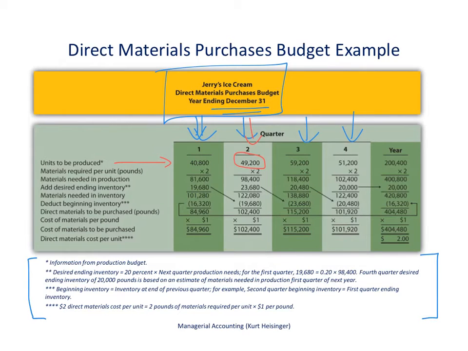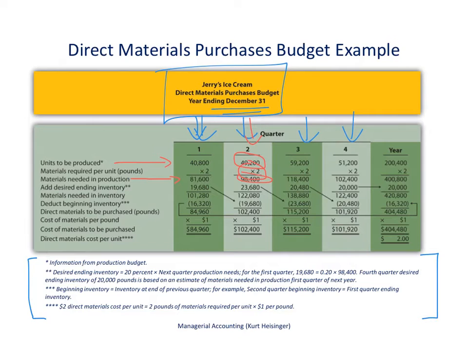We've also determined in a separate video that the materials required per unit will be 2 pounds. So if you take 2 pounds times the 49,200 units, you're going to get 98,400 pounds. So once you get to this third line, we're now talking about pounds of material rather than units of production, finished units of production.